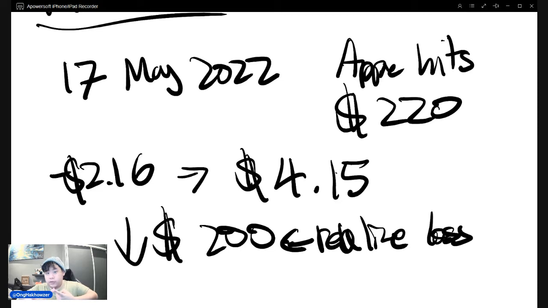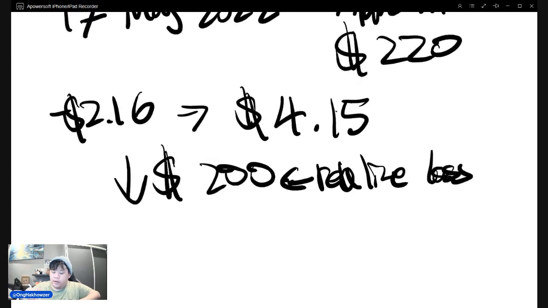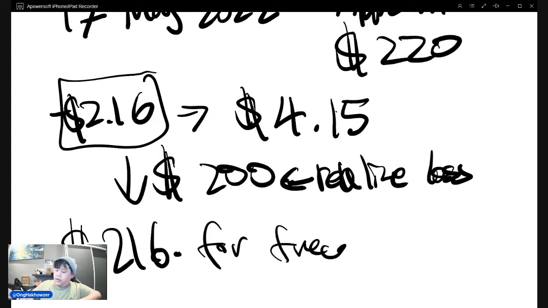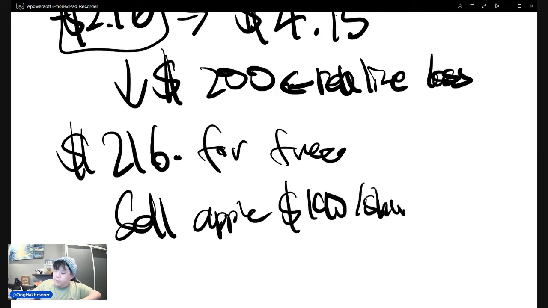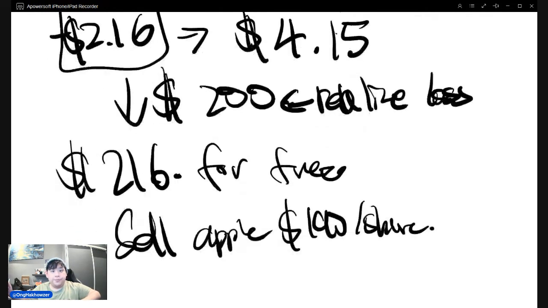You can either realize the loss of $200, or you can basically be like, you know what, I don't care about this at all. I'm still going to get my $216 for free, but in return you'll have to sell Apple at $190 per share, whereas Apple is at $220.